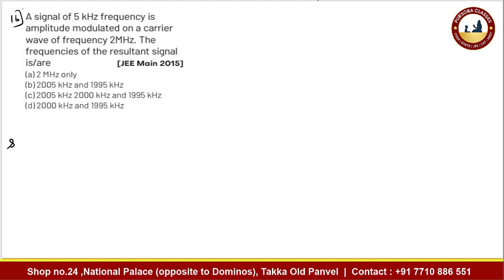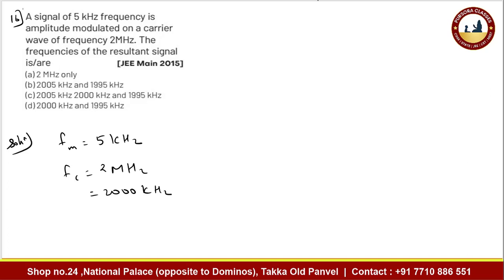Moving ahead with the next question, students. We are given a signal of 5 kilohertz frequency. So FM is 5 kilohertz. It is amplitude modulated on a carrier wave of frequency 2 megahertz, and that is 2000 kilohertz.